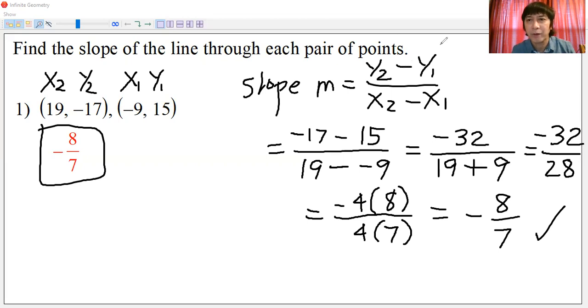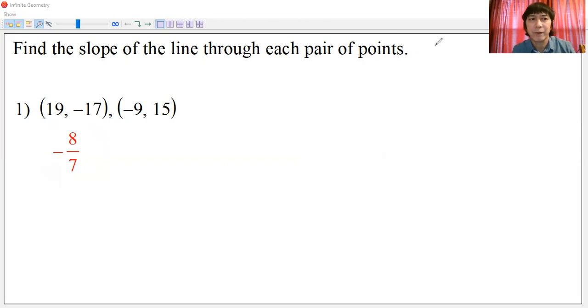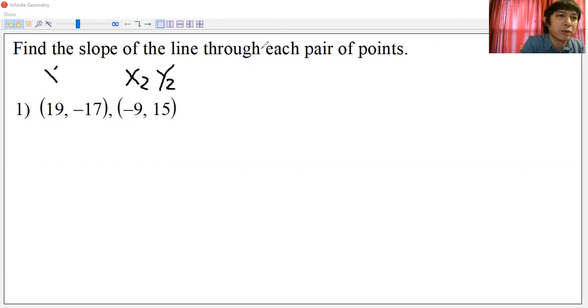Okay, let's clear. Let's do it this way. Let's put the labels x2 and y2 over here. Let's use this as x2 and this the y2. And then let's use this the x1 and the y1. And let's find out if we will end up with the same answer.